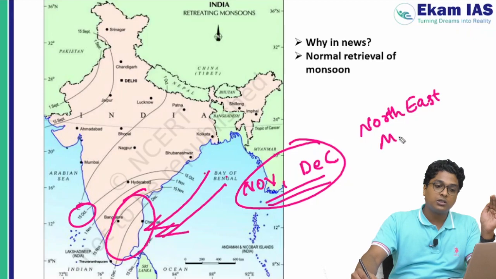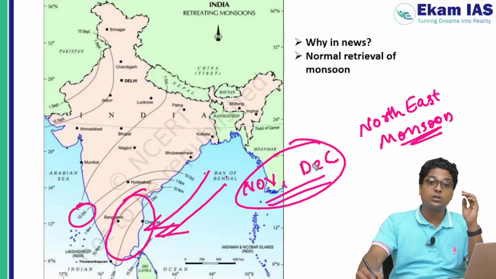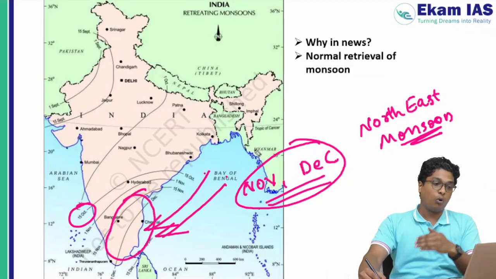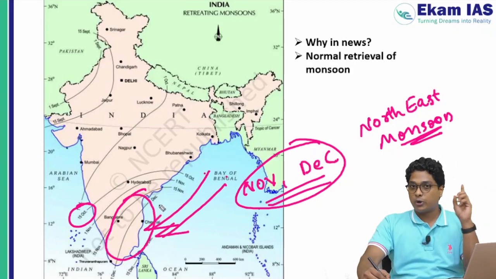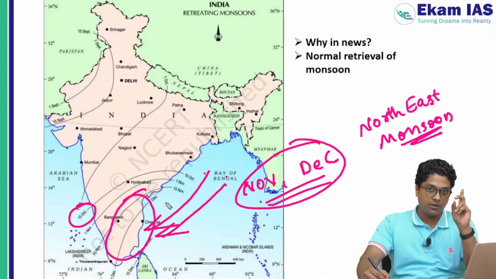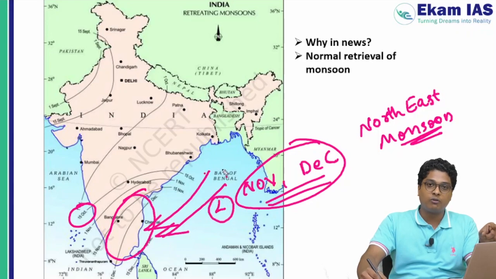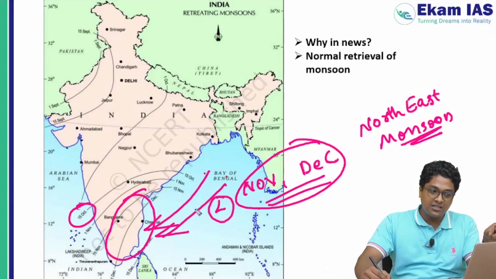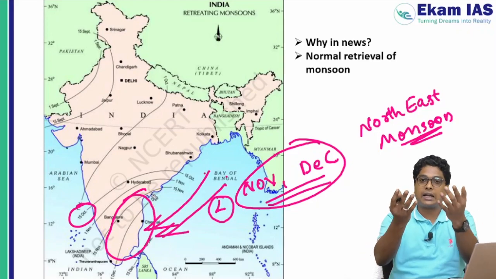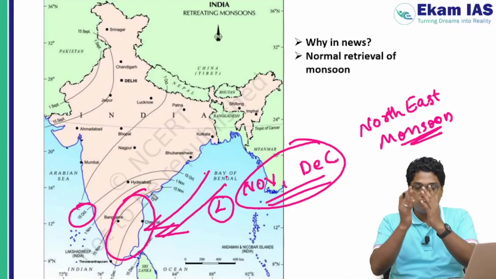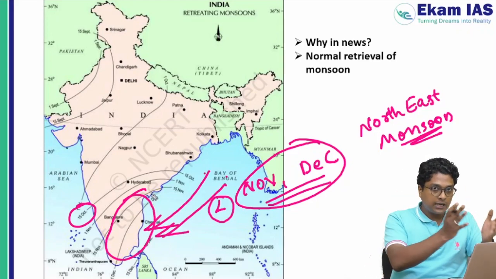The northeast monsoon is also part of the retreating monsoon, and these winds bring more rainfall to the eastern region, predominantly because of two reasons. The first reason is that during November, December, low pressure forms over the Bay of Bengal and reaches the eastern portion, which attracts the wind. So the moisture comes from the Bay of Bengal, reaching Tamil Nadu.